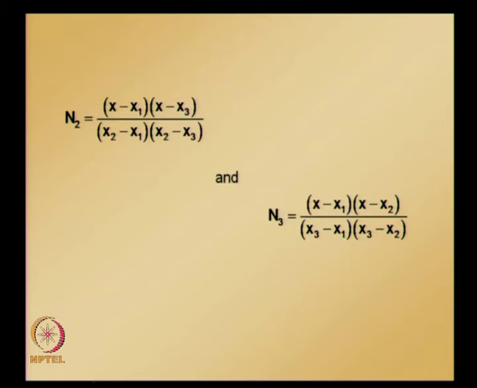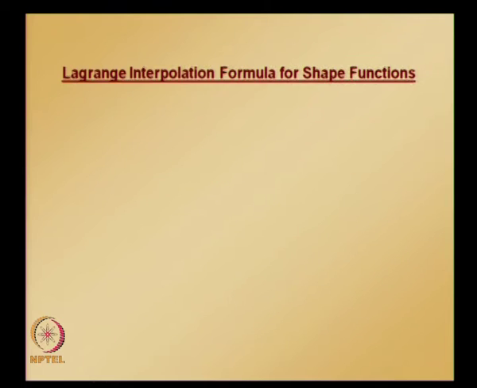Using this formula, we can write shape functions for a second order boundary value problem up to any order of trial solution. So, now let us look at Lagrange interpolation formula for shape functions.